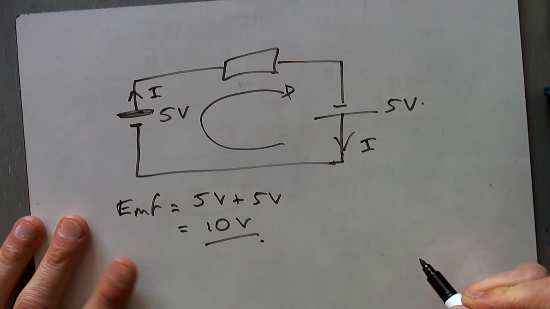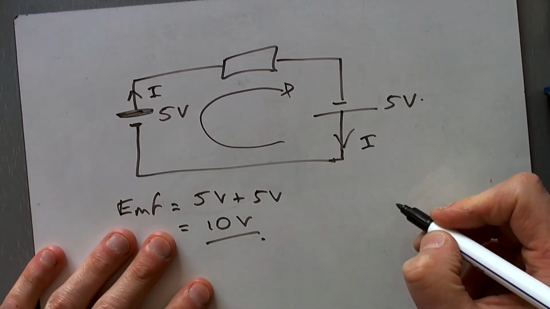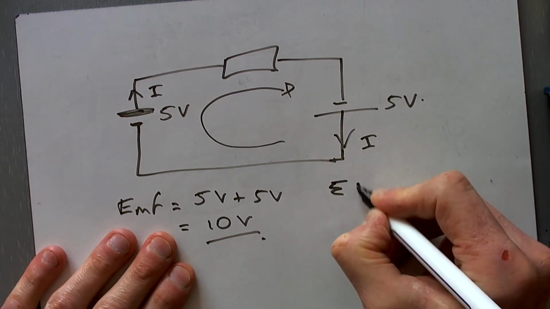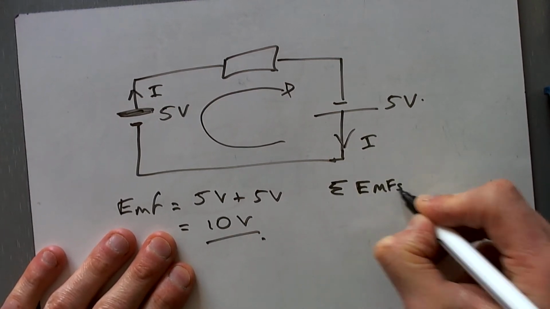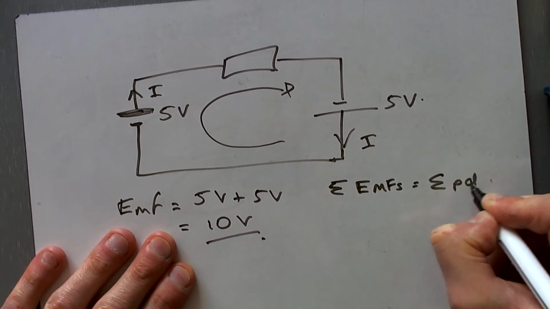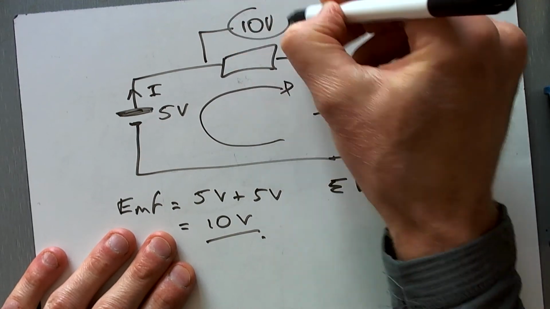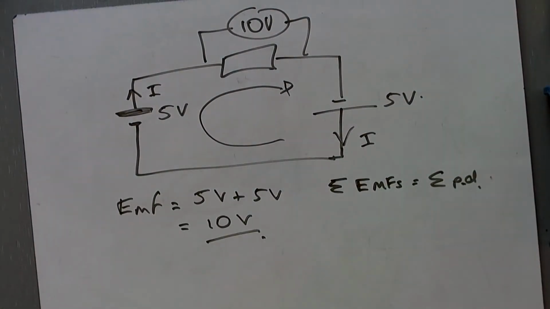That's okay. And you'll know from, just to take it a bit further, Kirchhoff's second law that the sum of the EMFs into a closed loop equals the sum of the PDs dropped across components. So that would mean also that we'd have 10 volts across there.